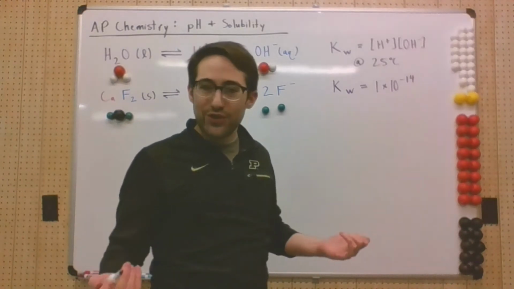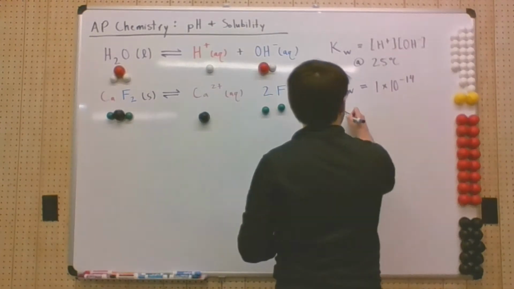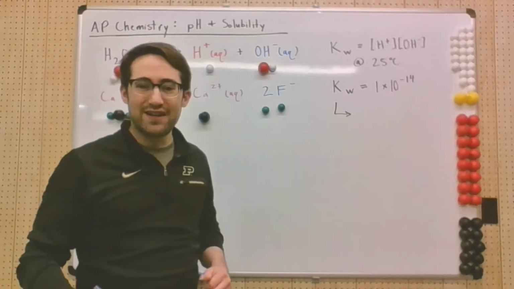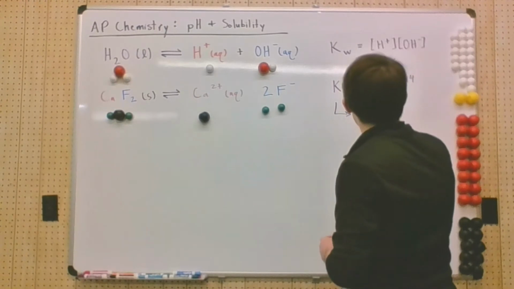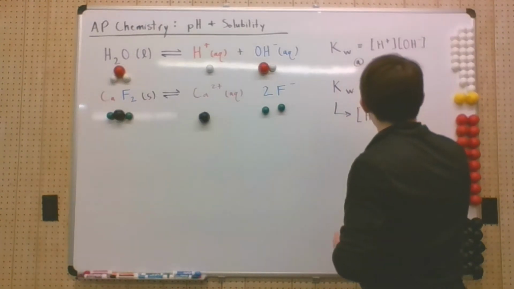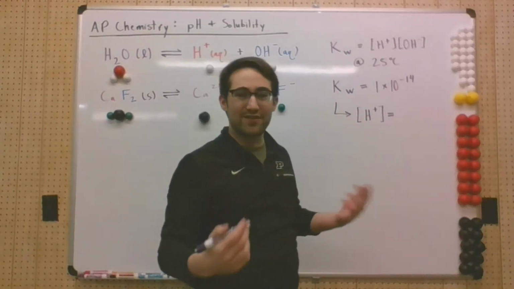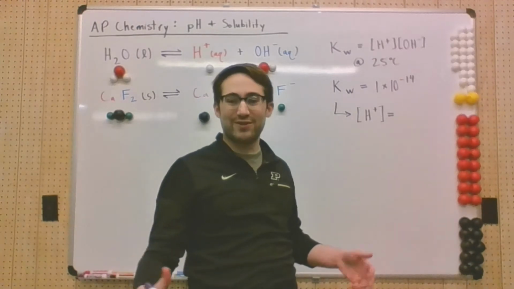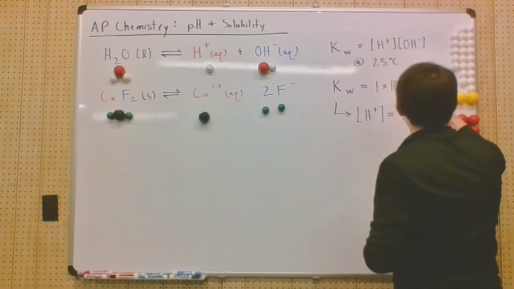In a neutral solution, you can find that H plus's concentration is equal to 1 times 10 to the negative 7th, and this is concentration, so it's going to be molar.